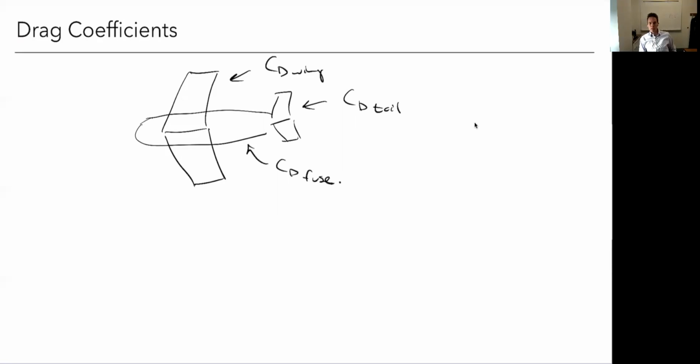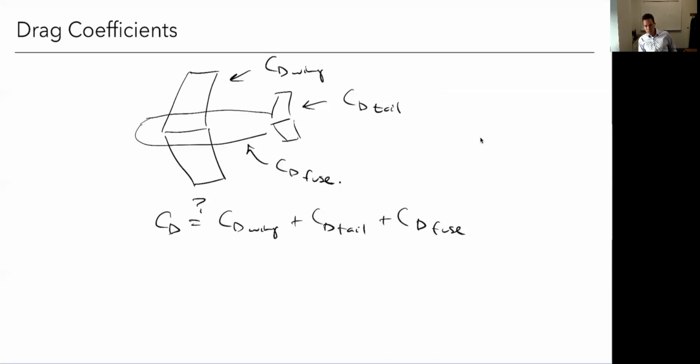The question is, can I just add these together? Is my aircraft drag wing plus tail plus fuselage? And the answer to that is maybe.